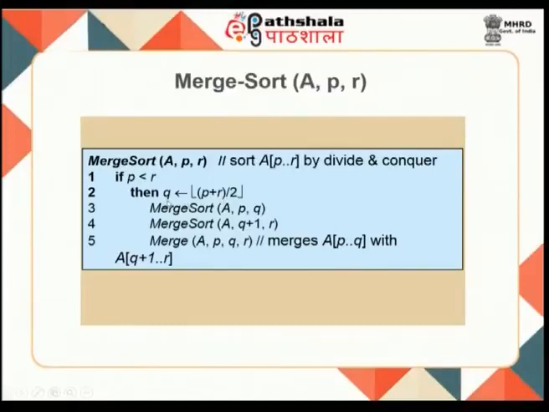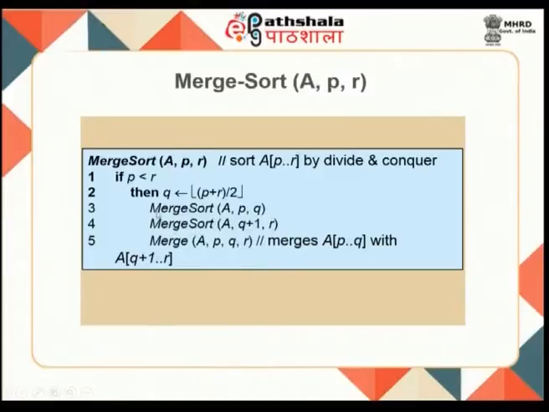Then once I have Q, my problem is now divided into subproblems, that is from the lower bound P to Q, and I have another problem, that is Q plus 1 to R. Now I have to apply this in a recursive manner.